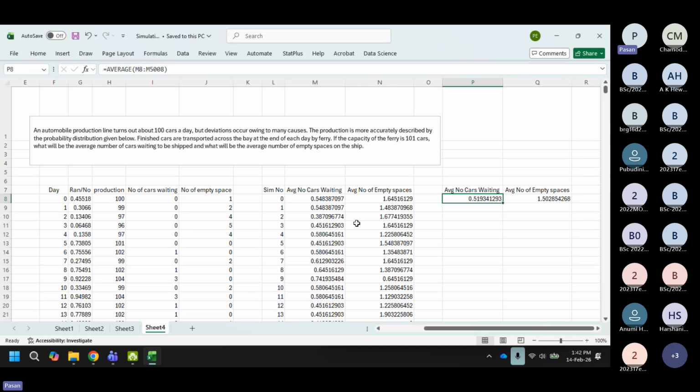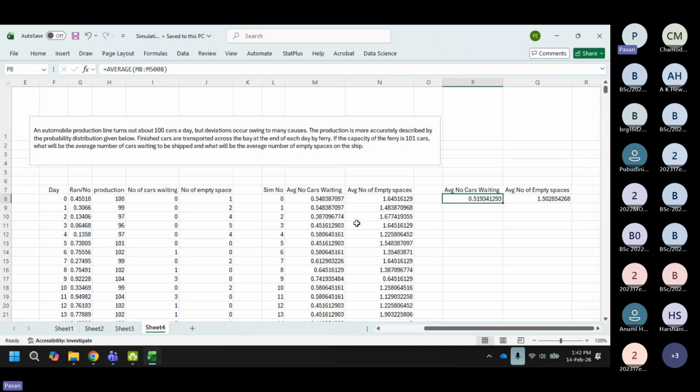That's indicating that the overall setup is okay. Because in terms of waiting cars, it's something below one, in general the space is enough. And in terms of the empty spaces, it's just about one empty space that might be there.